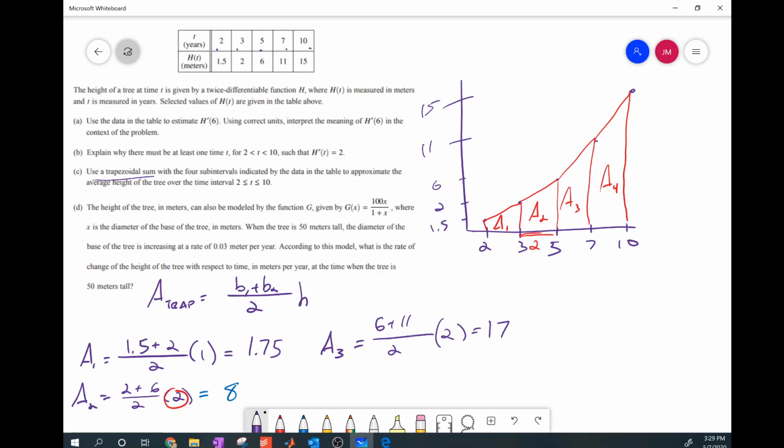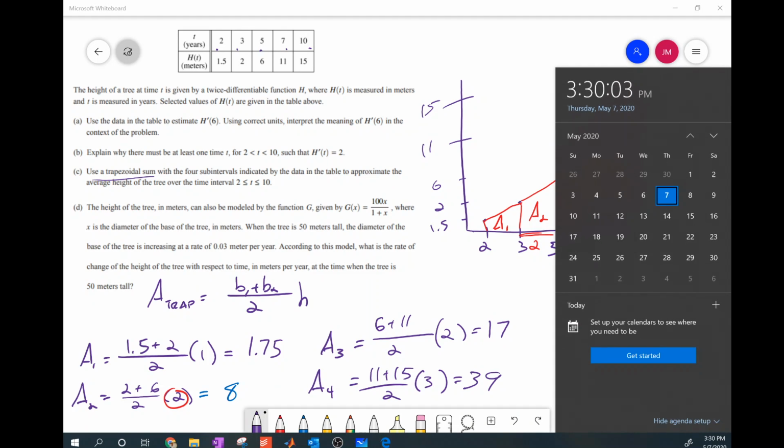So that's 17. And area 4 will be 11 plus 15 divided by 2 times 3. So that would be 11 plus 15 is 26, 13 times 3 is 39.